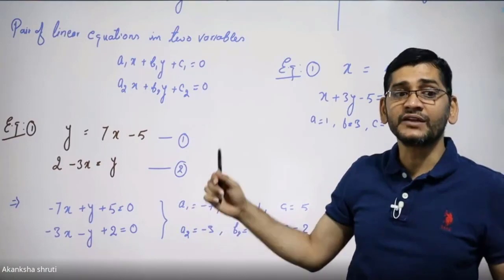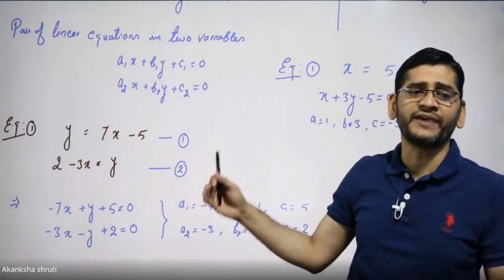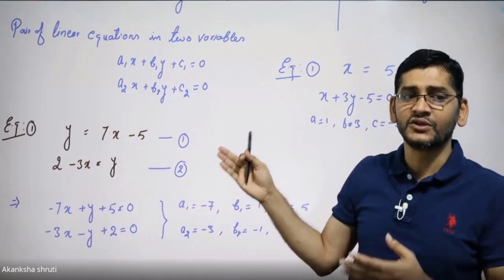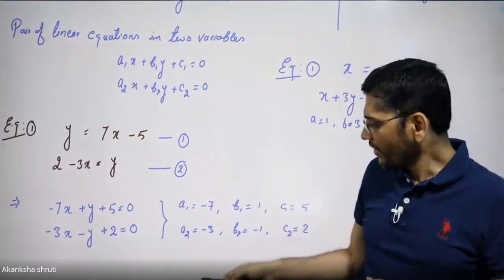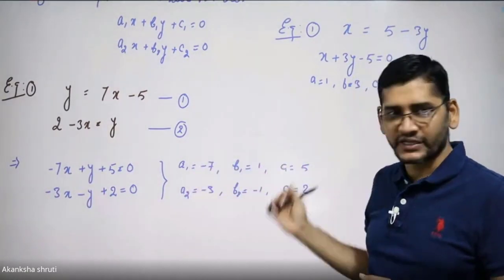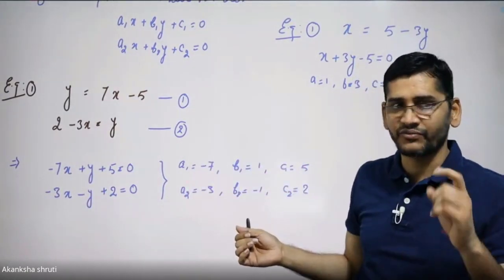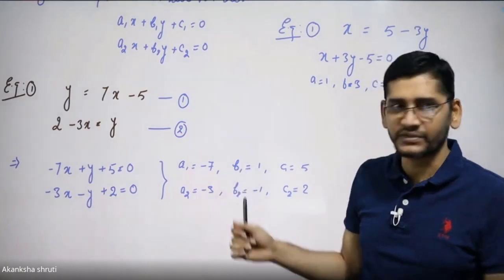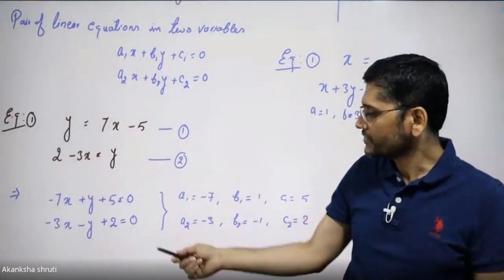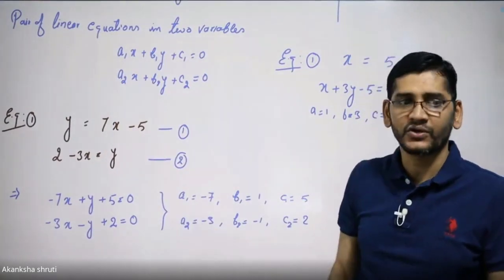Or there may not be any value of x and y which satisfy the given equations, then that is called no solution. For that, first determining the coefficients and constant terms and writing in standard form is very important. So that's why this is the first thing we have to keep in mind, how to compare the two equations or how to write their coefficients.